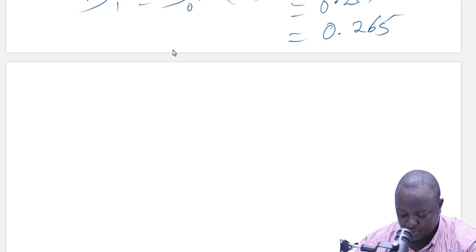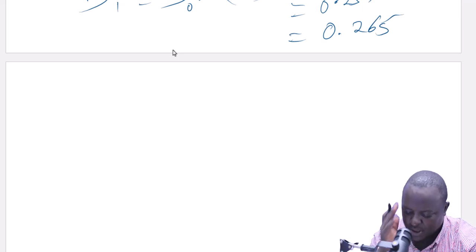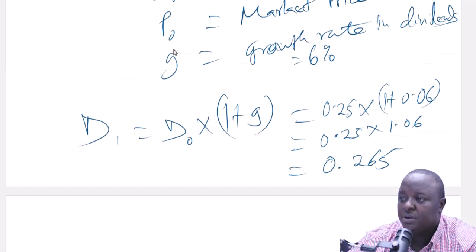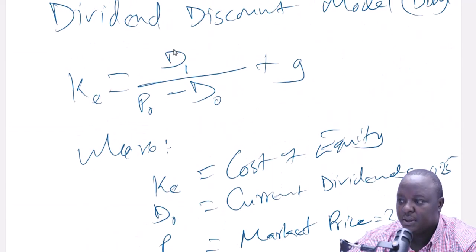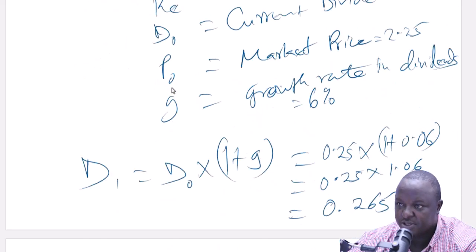Let's go step by step. We have our D1, we have our market price, we have our current dividends, we have our g.